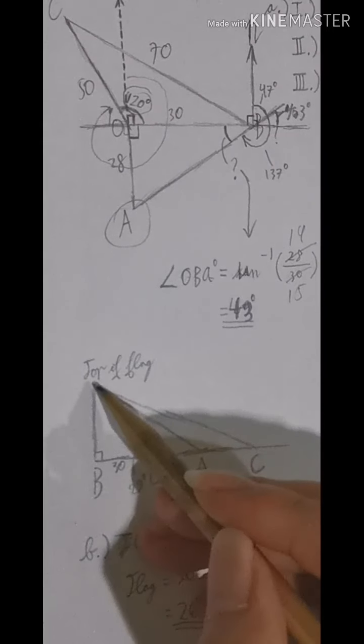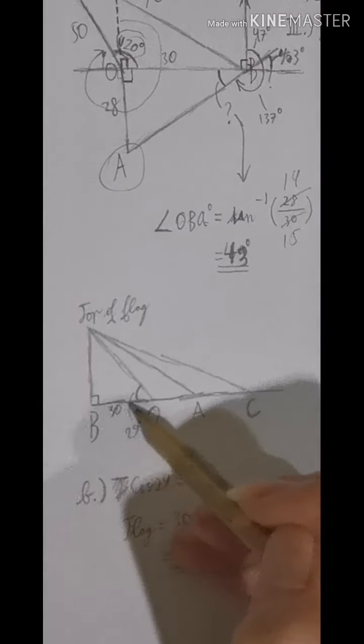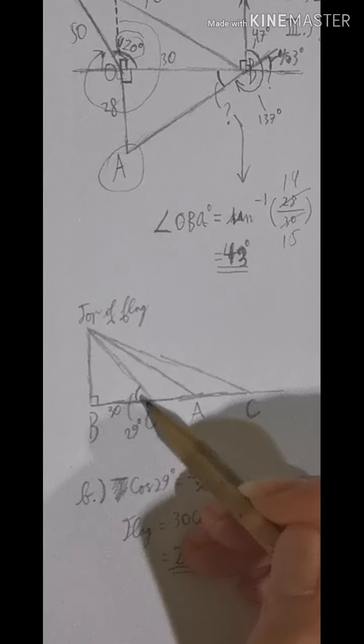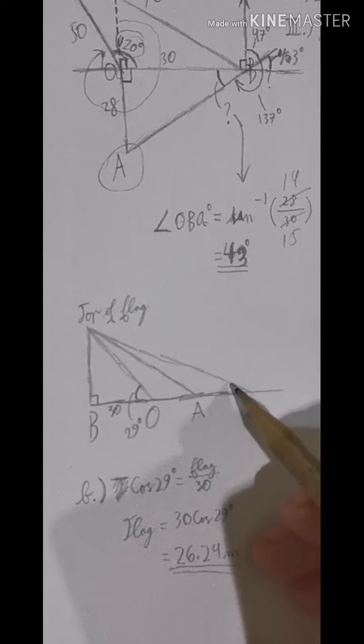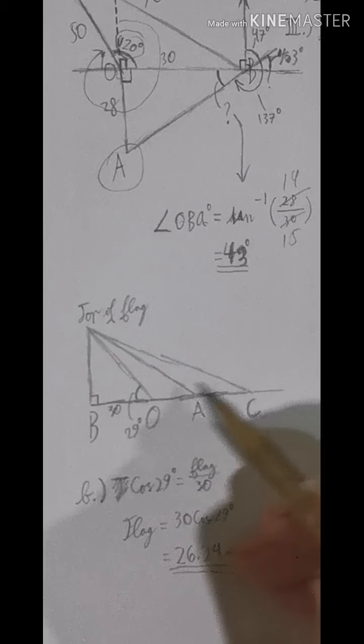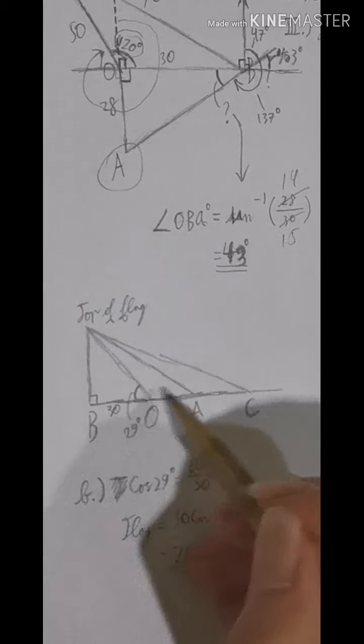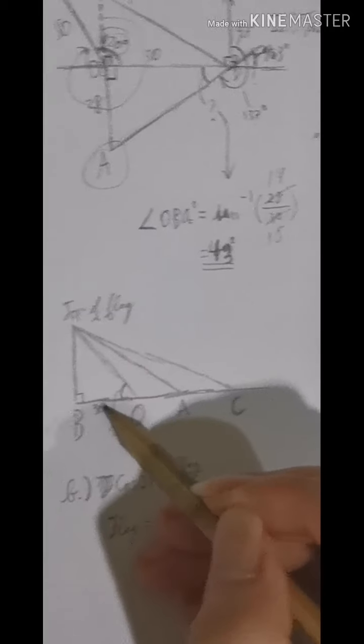That's the top of the flag there. This is B, and that's O, 29 degrees. A with a smaller angle, and C with a very acute angle. We don't need to know the rest of the distances anymore, because this is what we need.